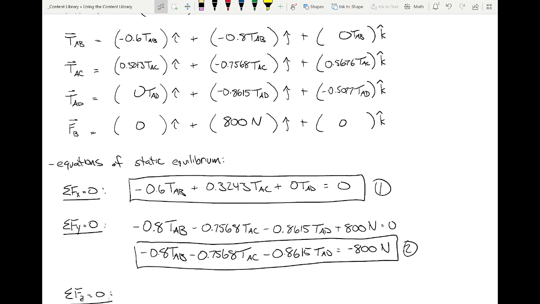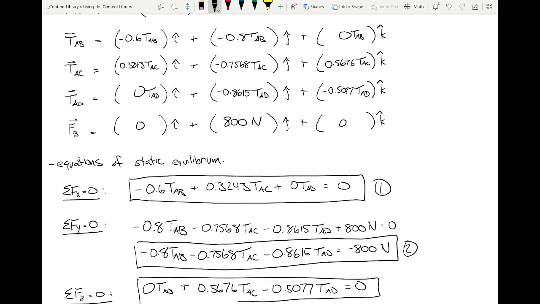So if you add up all those, that's the magnitude of forces in the z direction.